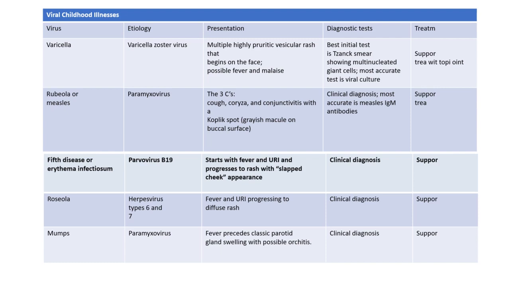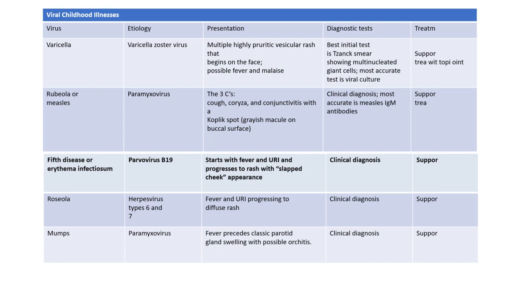Mumps is the last clinical situation. It's caused by a paramyxovirus, presents with fever, classically parotid gland swelling, and possible orchitis. Again, the diagnosis is clinical, the treatment is supportive.